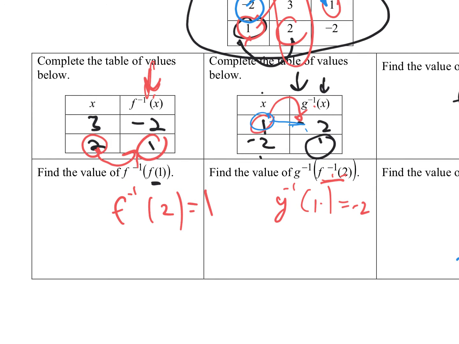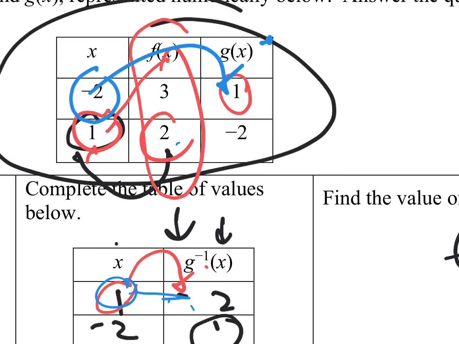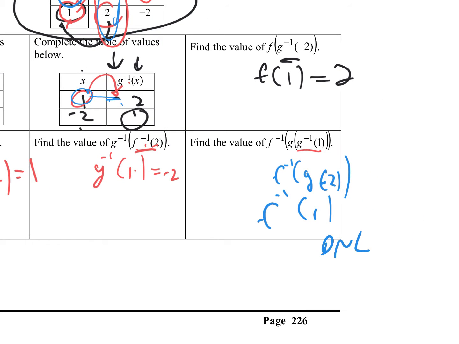There's no value in it. There's no x of a 1 in the inverse table. And for that matter, go up to f. There was no 1 for the y values either, was there? So that's how we say, does not exist in my tables. So for the functions that I have, it didn't exist.